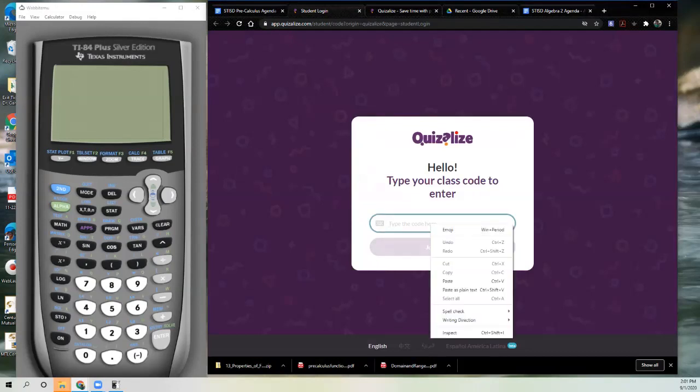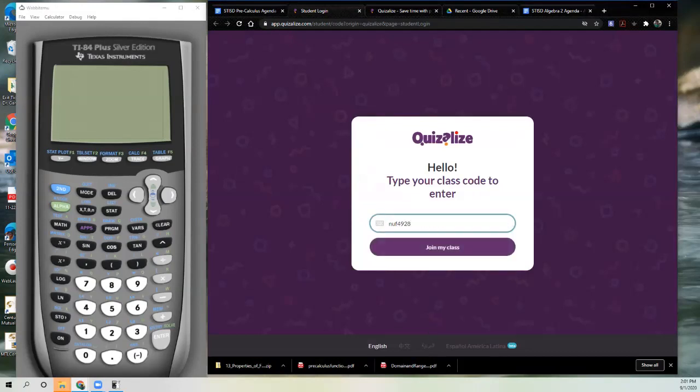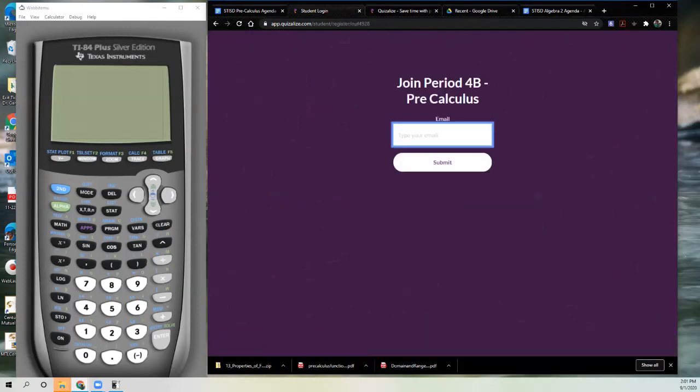It's going to ask you for your email, which is your ID at mystisd.net, and your password is your ID. I repeat, it is your mystisd email, and the password is your ID. If you're not able to get in, let me know and I will help you.